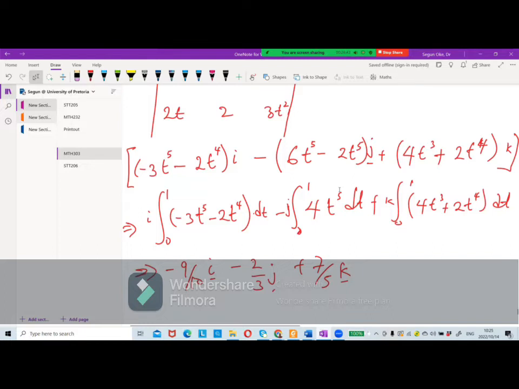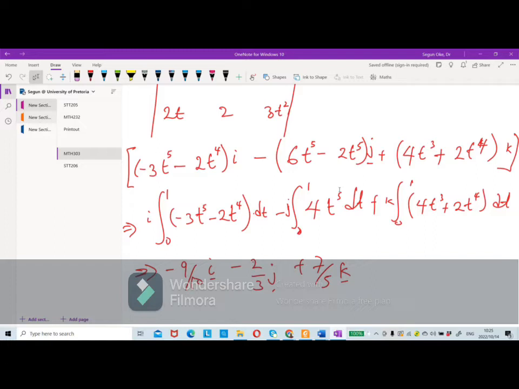So for the surface integral, it has so many different aspects that we need to check also.